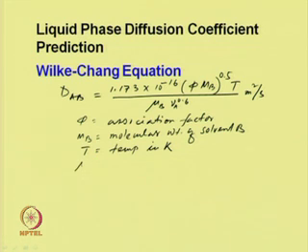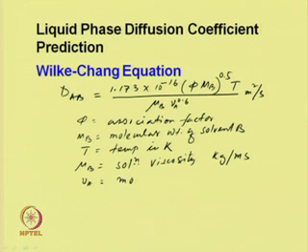Mu b is the solution viscosity in kg per meter second. Va is the molar volume at normal boiling point in meter cube per k mole.